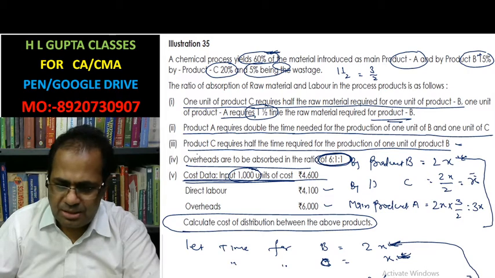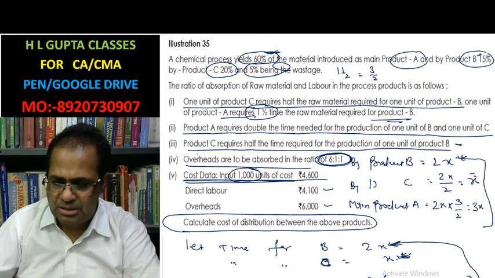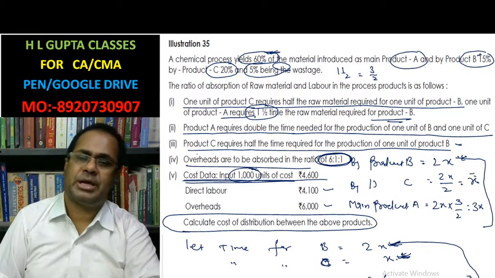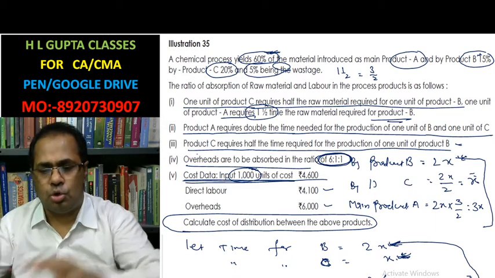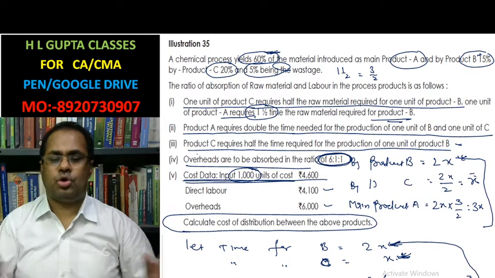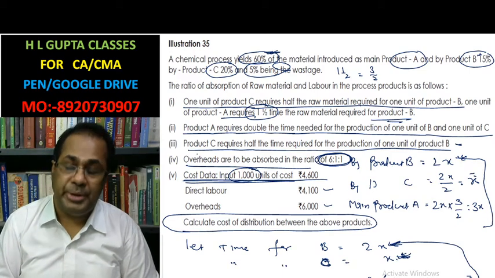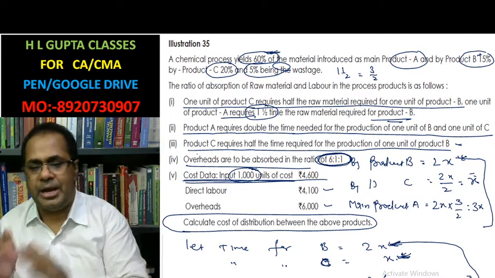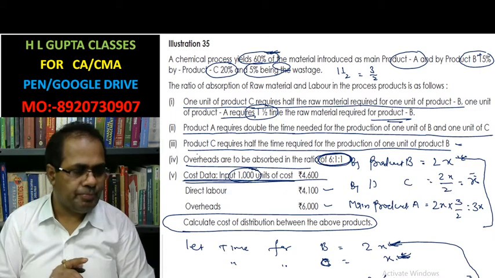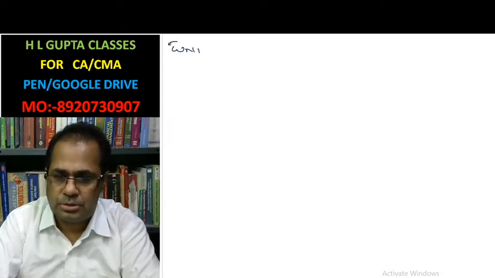On the basis of this output, you can calculate the total cost of material, labor and overhead for main product A, byproduct B and byproduct C. First you have to write working note first.